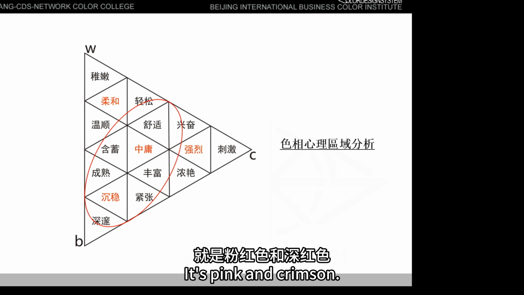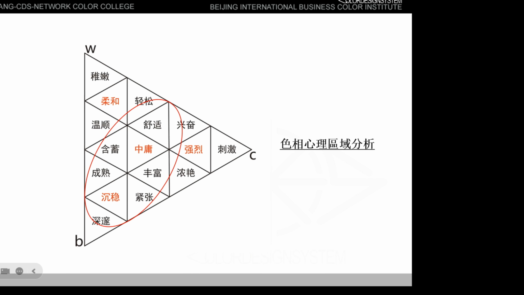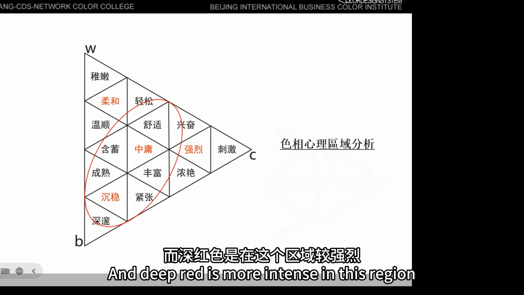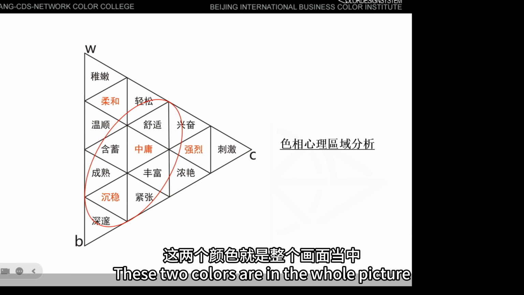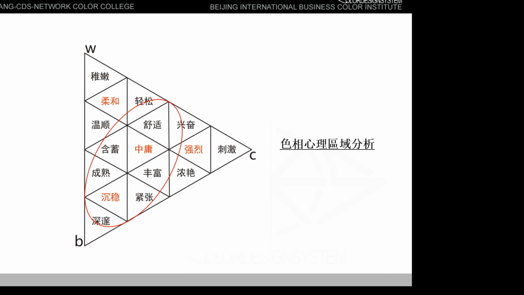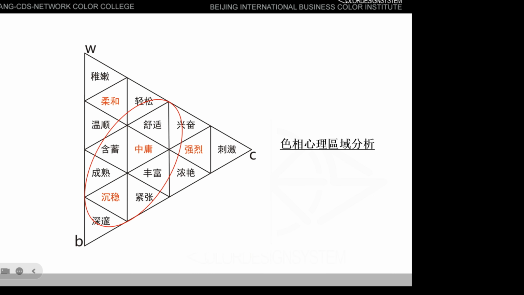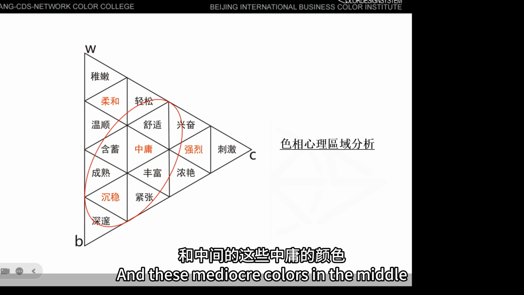It's pink and crimson, and pink is in this region called arousal. And deep red is more intense in this region. You will find these two colors account for more than 60% of the red skirt color in the whole picture. And the rest of it is these more stable background colors, and these mediocre colors in the middle.